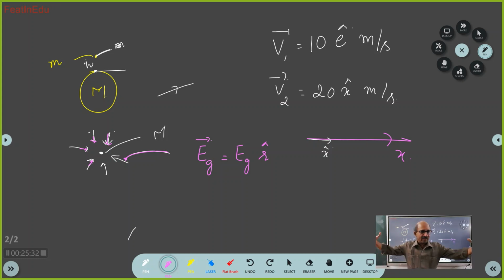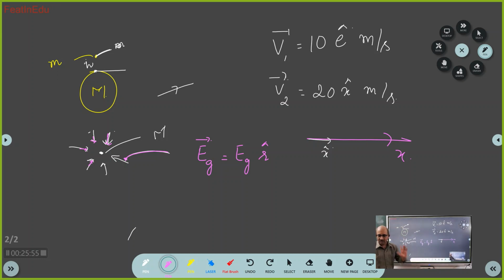You get a feeling that something is moving towards Earth. Now don't ask what is moving. In physics, there are some things where you have to just create that feeling. So something is coming towards Earth. That is how you should get the feeling, and I have shown it by these vectors.